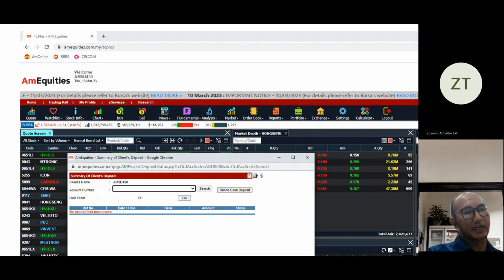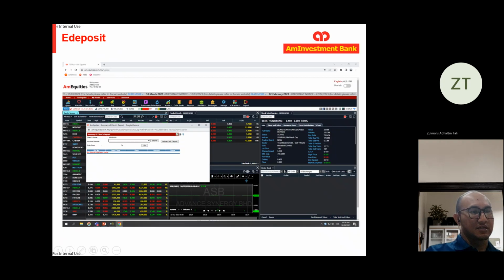You can't do it if you don't have any AmBank account, because once you click online cash deposit, it will direct you to AmBank online to make the settlement. So make sure you have an AmBank savings account first before you opt for this option, if you want to do e-settlement directly by yourself.